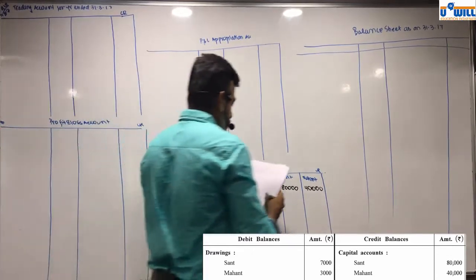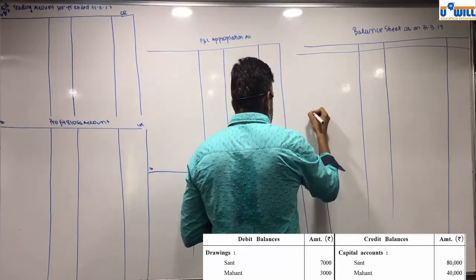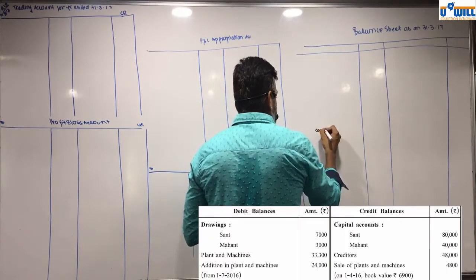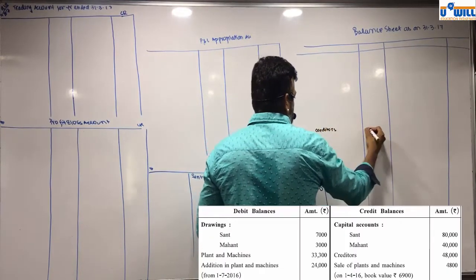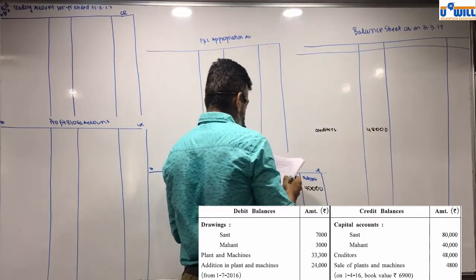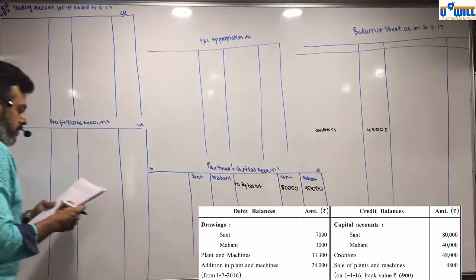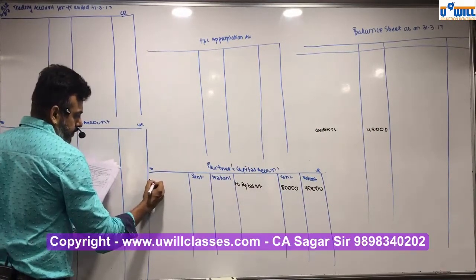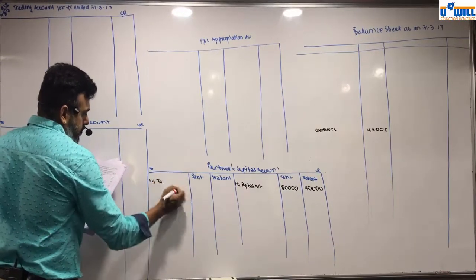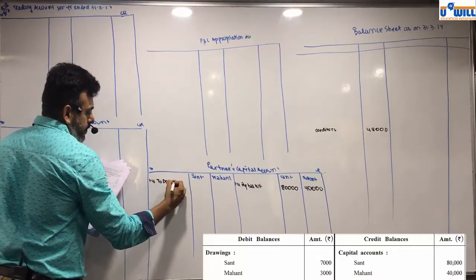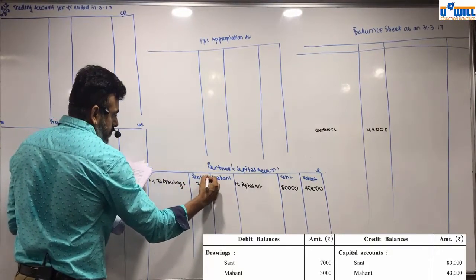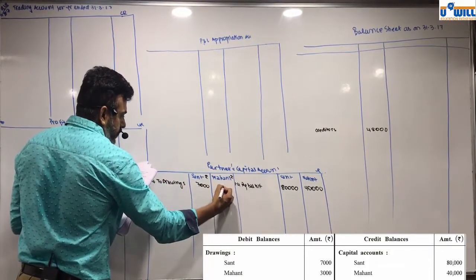Creditors 48,000. Drawings 1,4. Drawings 7,000. 3,000.